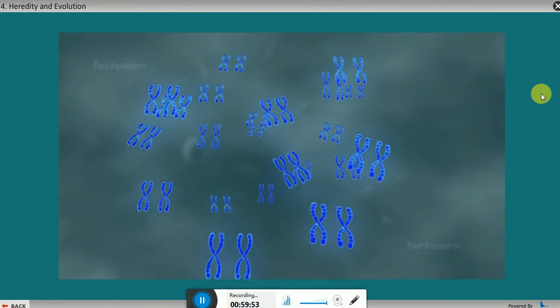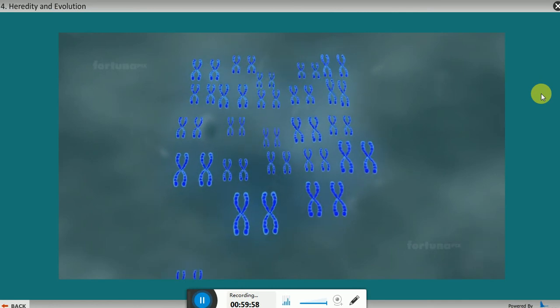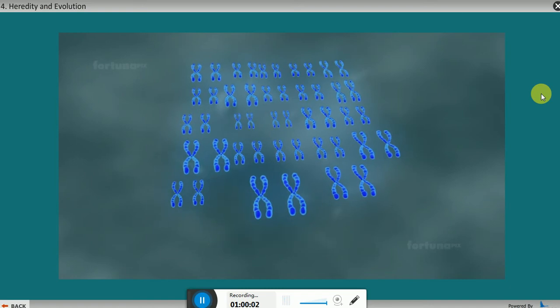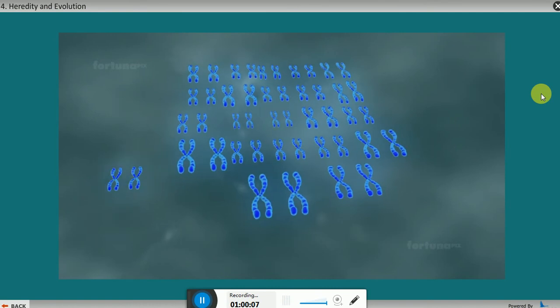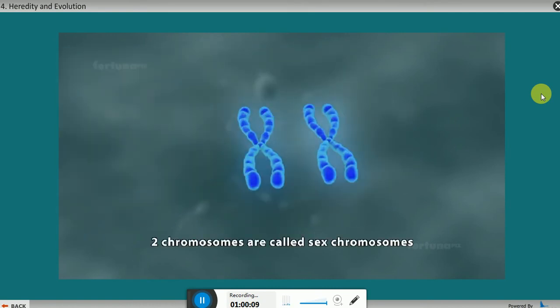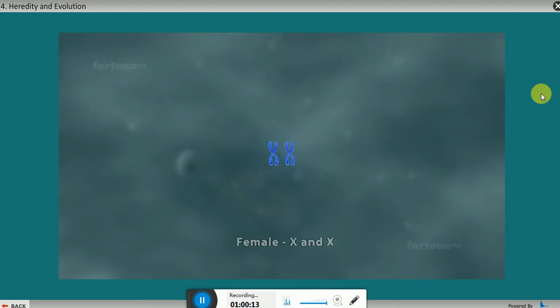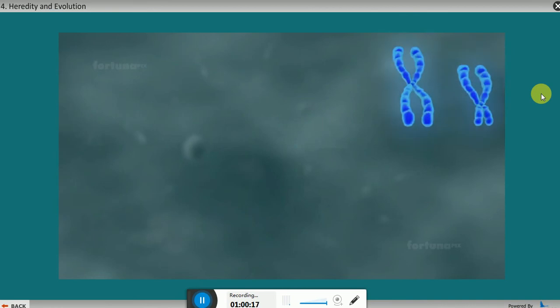Every cell in humans, either male or female, has 23 pairs of chromosomes. Of them, 22 pairs are homologous and are called autosomes. The remaining 2 chromosomes are called sex chromosomes. In females, the sex chromosomal pair will be X and X, while in males, it will be X and Y.